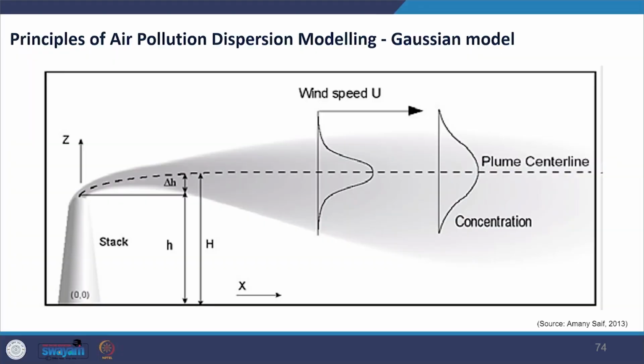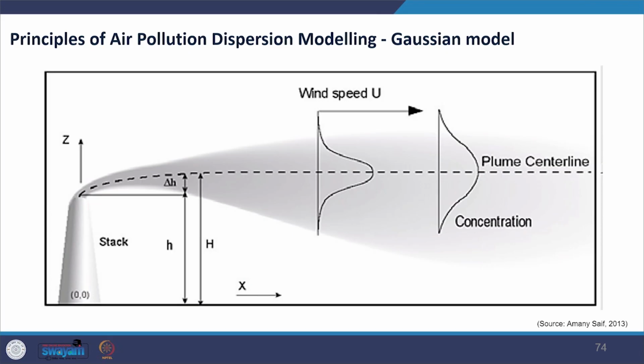Now we'll look at the principles of air pollution dispersion models. So on what basis, what are the underlying principles on which all this modeling is done. We see that mostly the numerical prediction models are developed based on Gaussian assumptions. In case of a point source of pollution, for example a chimney stack, the basic Gaussian model considers that the pollutant emission spreads outward from a source in an expanding plume aligned to the wind direction.